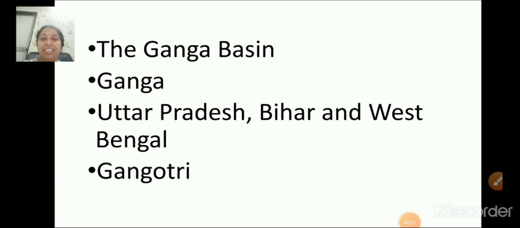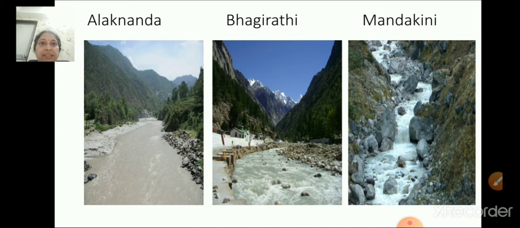In the mountains, it is fed by several tributaries such as Alaknanda, Bhagirathi and Mandakini before it enters the northern plains at Haridwar.